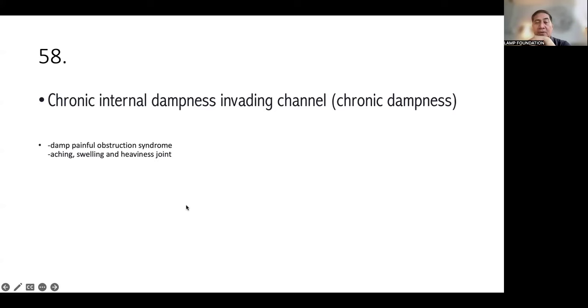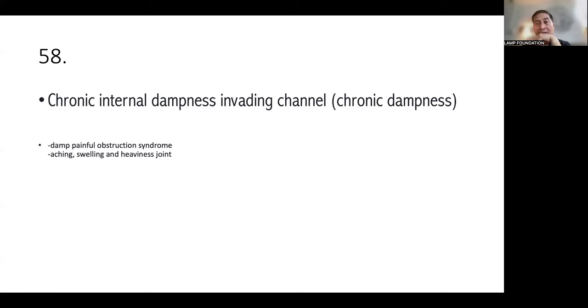This is also called damp Bi, because painful obstruction syndrome is Bi syndrome. So if this is damp Bi or damp painful obstruction syndrome, expect swelling. There is always swelling and the feeling of heaviness of the joint.